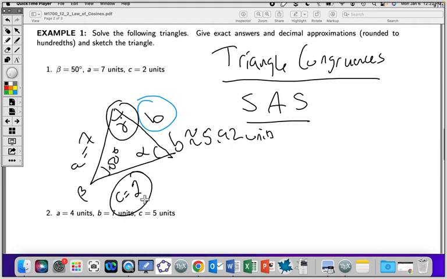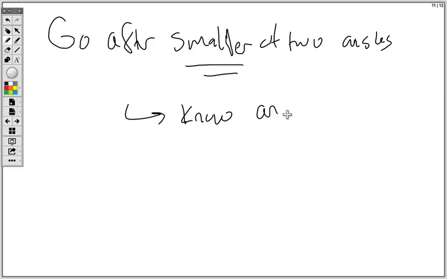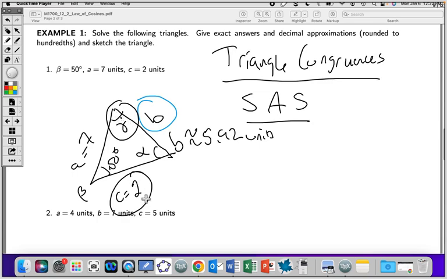I know that has to be an acute angle. So here, I know that gamma has to be smaller than alpha because the side opposite gamma is only 2.